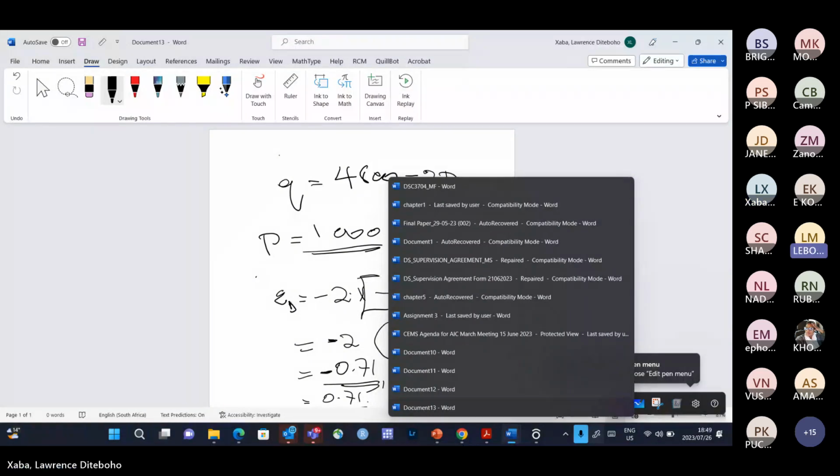A 1% increase in price will cause a 3% decrease in demand. Yes. Okay. So you look at your exercise, and the conclusion will be along those lines. All right.